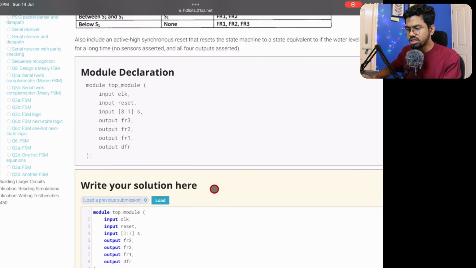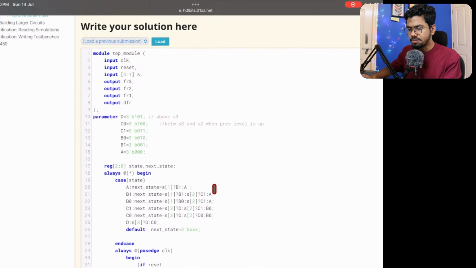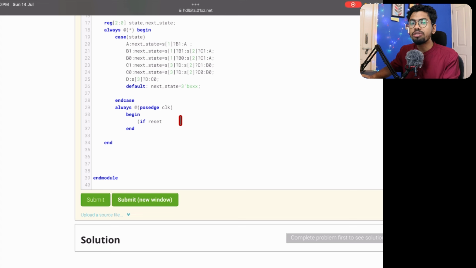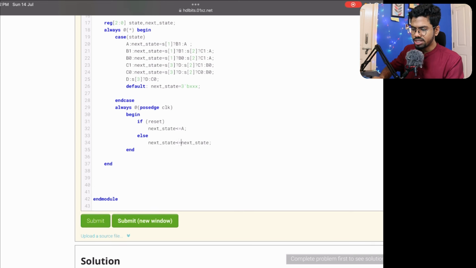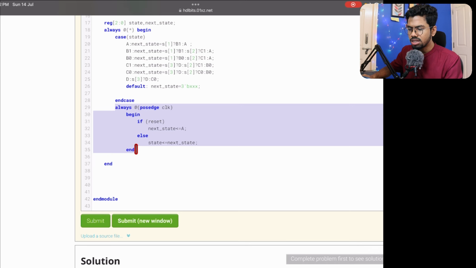All 4 outputs: 3 taps and the supplementary flow. So if it's reset, then my next state would be A. It would be next state, not next state equal to state. So this is our step B, and step B is also done.